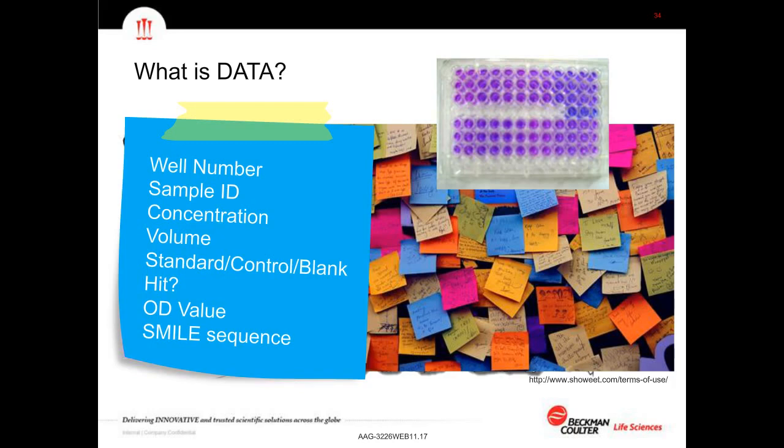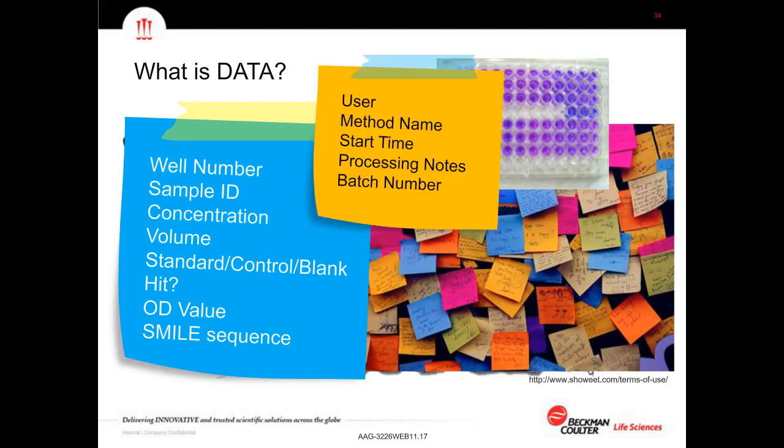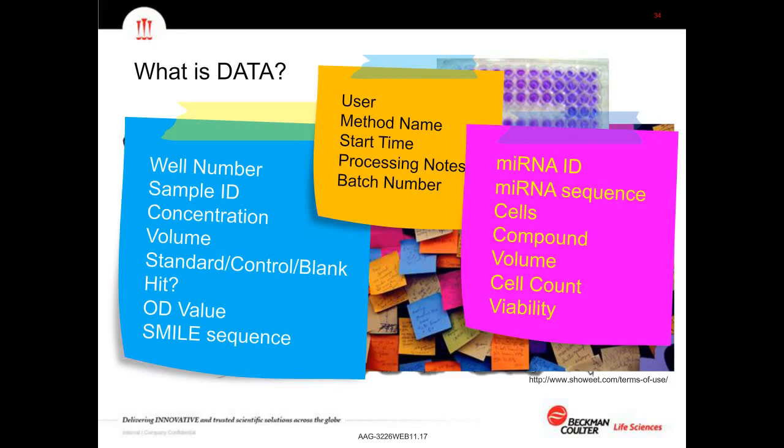If we're doing hit picking, is this one that will continue or a well that's left behind? We can log things like the user, the method name, did the method finish correctly, and then as we learn things about the system, we have different analytical devices that will be telling us answers. So these things on the post-its are more of my concept of what data we would be managing as we move through a system.